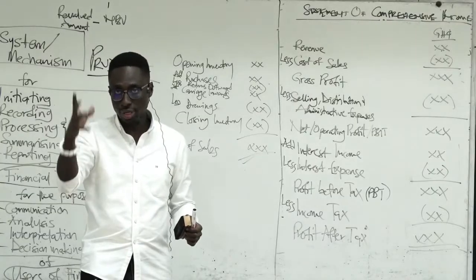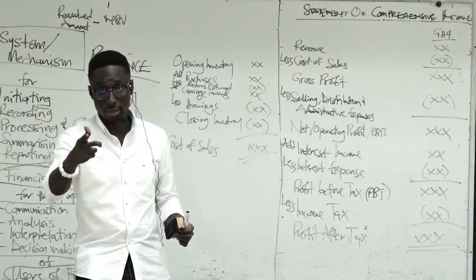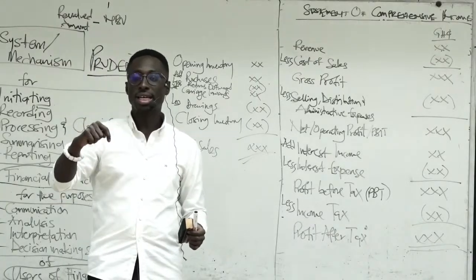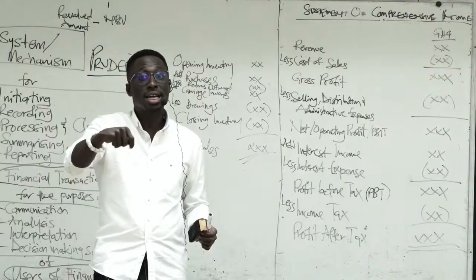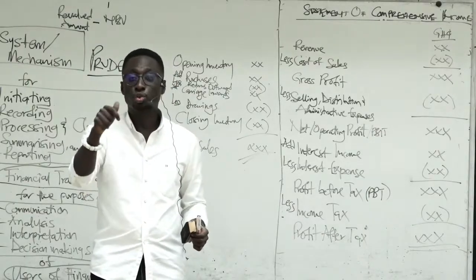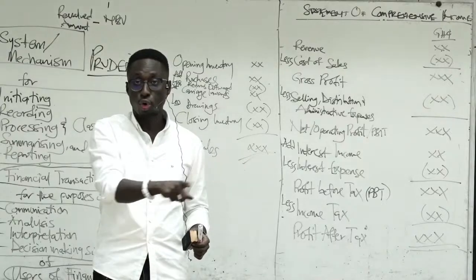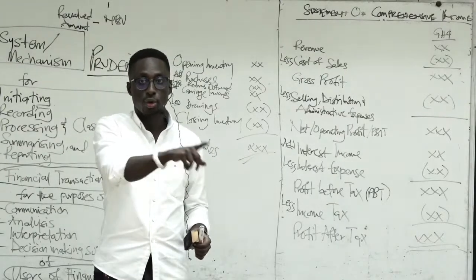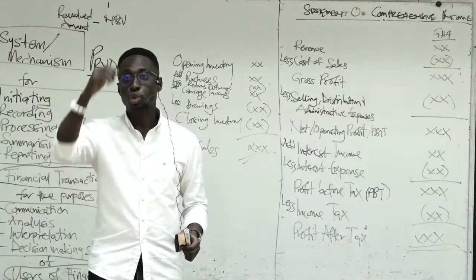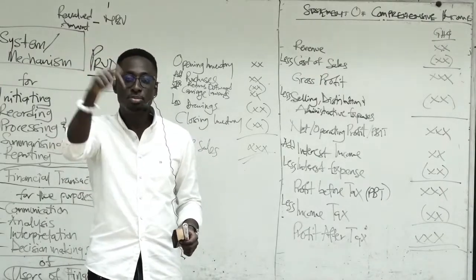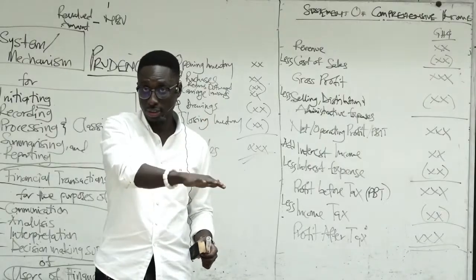As a trading company, if your core business is to sell goods, then whatever income you make in respect of selling the goods will be called revenue or sales or turnover. They mean the same thing.